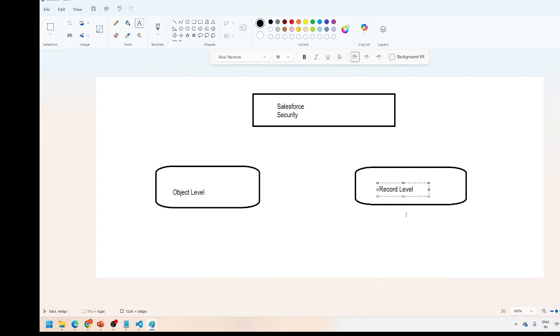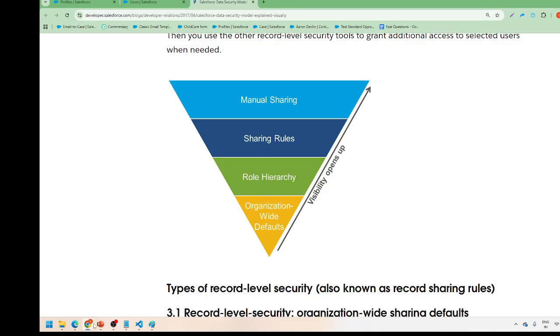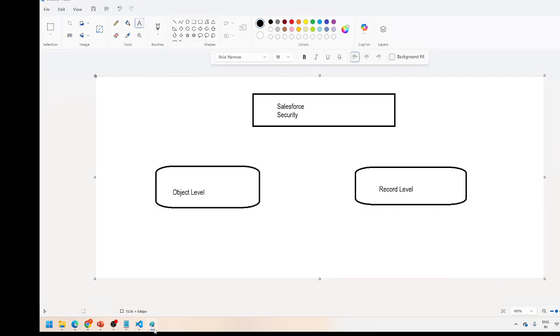Now, how can you do object level security and how can you perform record level security? For object level security, you have profiles and permission sets. And for record level security, you have OWD, sharing rules, manual sharing, Apex sharing, and many other things, or role hierarchy also.